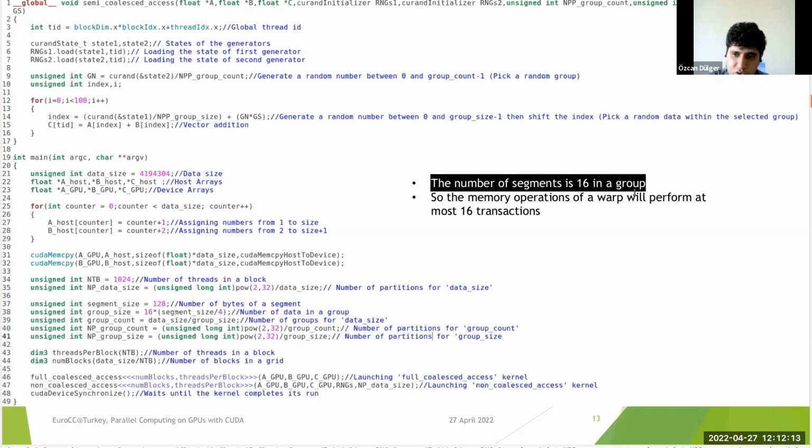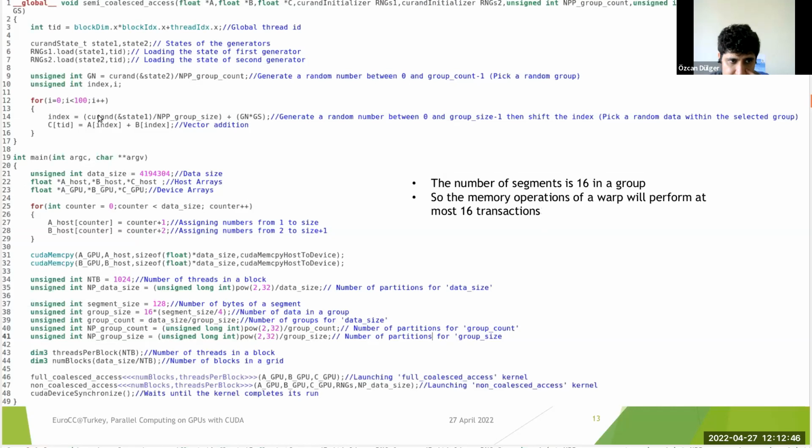So each group consists of 16 segments. So the memory operations for a warp will perform at most 16 transactions, since we have 16 different consecutive segments. Any memory access to that group will perform at most 16 transactions.